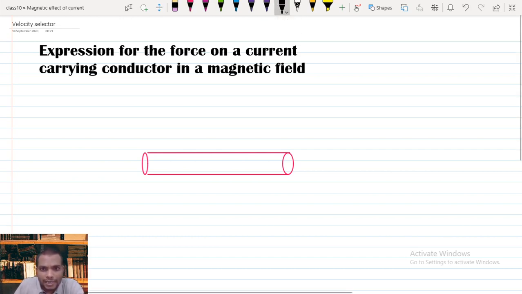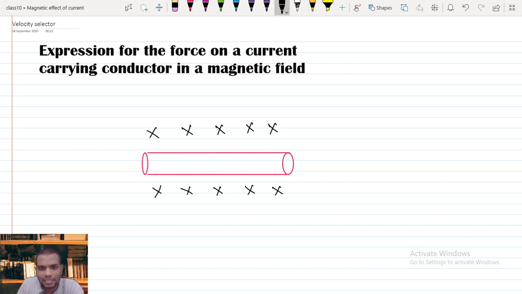So I have taken a current carrying conductor, kept in a magnetic field. Let me take this magnetic field which is piercing the screen, going inside the screen. I don't want to put the cross marks on the conductor because I need to add some extra components.